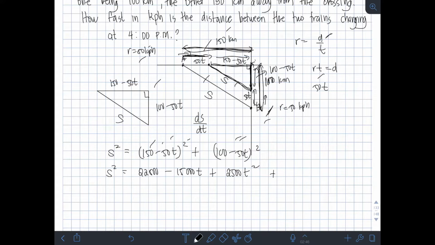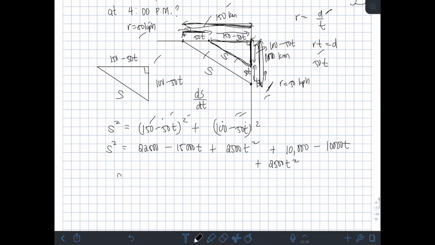Plus, ito rin, square of a binomial. So, 100 square is 10,000 minus 100 times 50T times 2, 10,000T plus 50T square is 2,500T square.